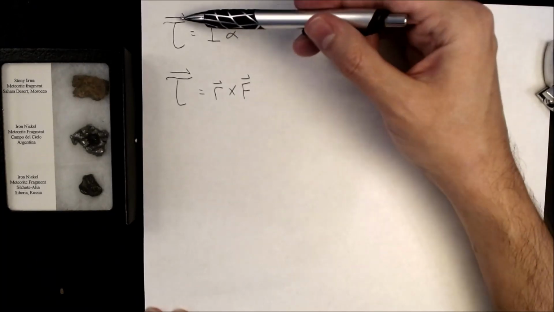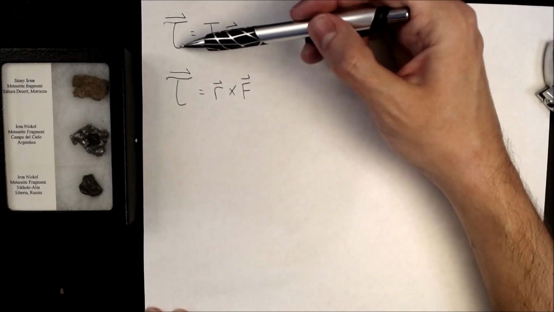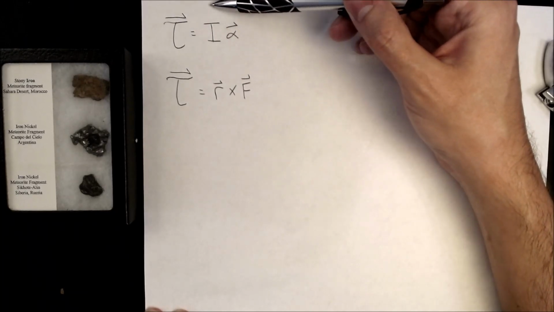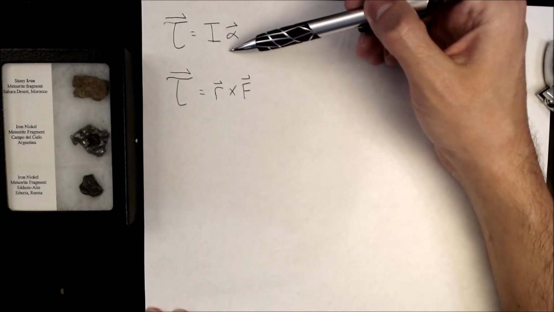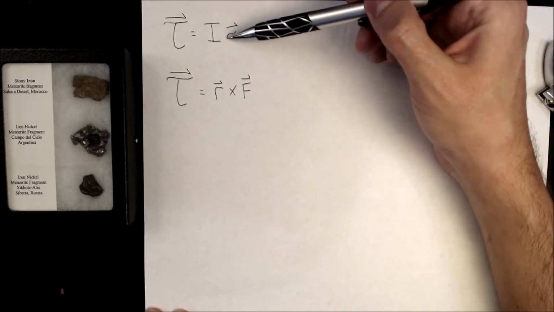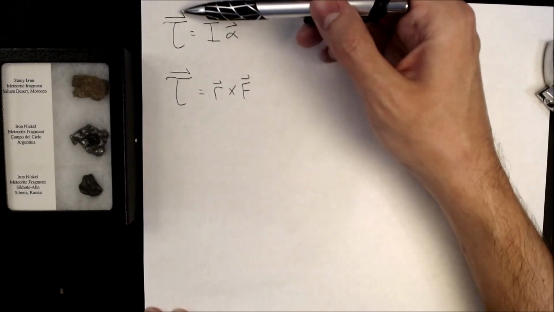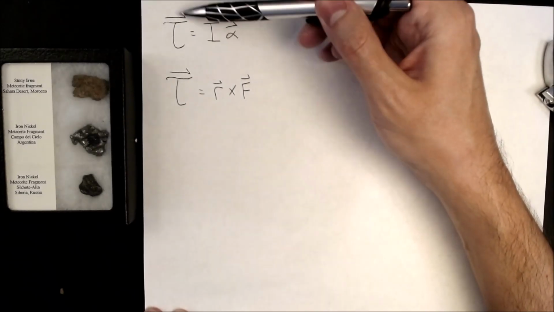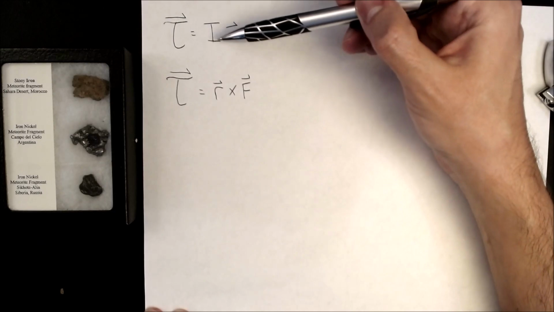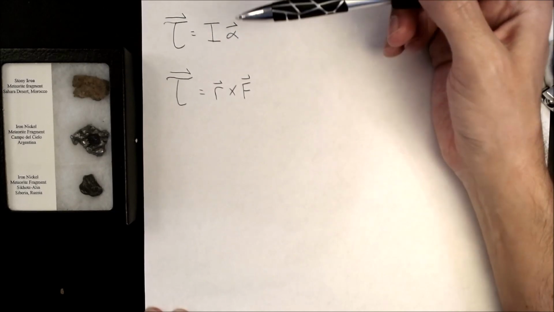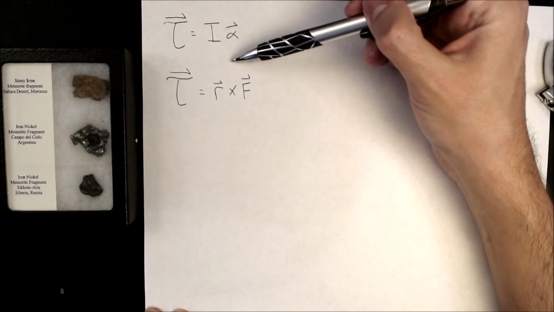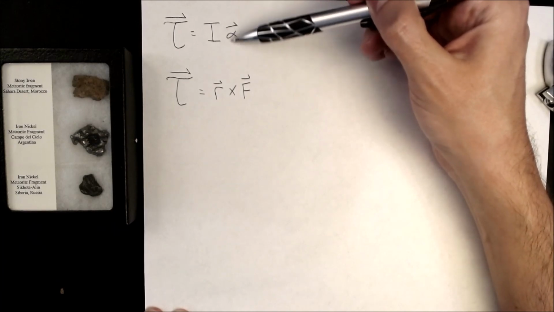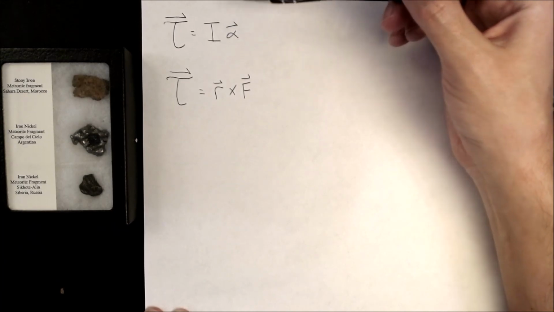If you've got a fixed amount of torque, and you increase the moment of inertia, make it more difficult to rotate, alpha has to decrease. If you're increasing this, you have to decrease this if you're having to keep this the same. So harder to rotate, less rotation, less acceleration of the rotation.